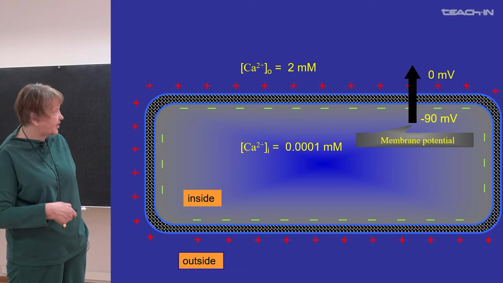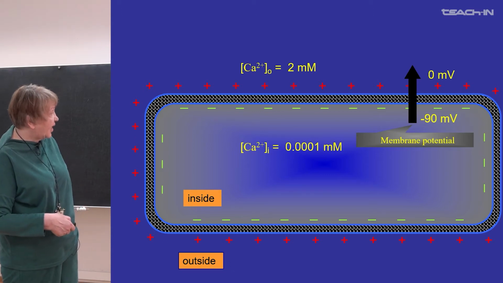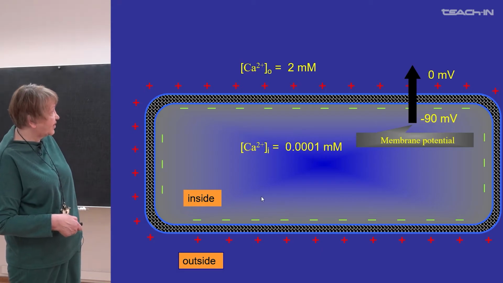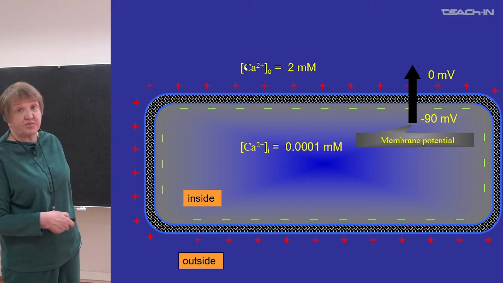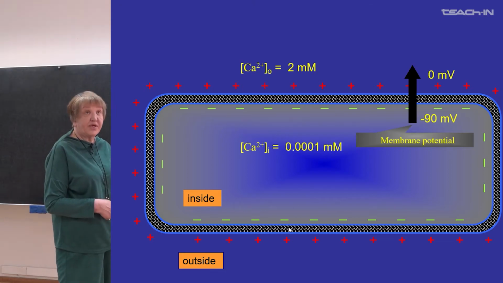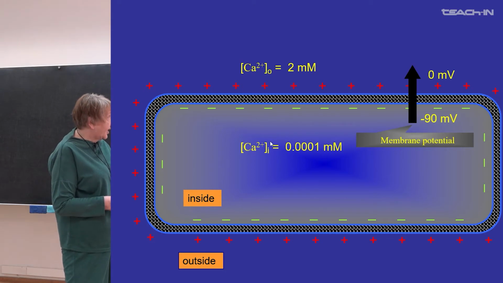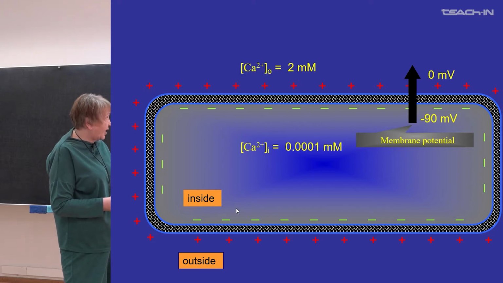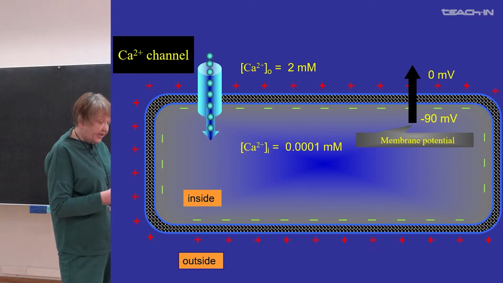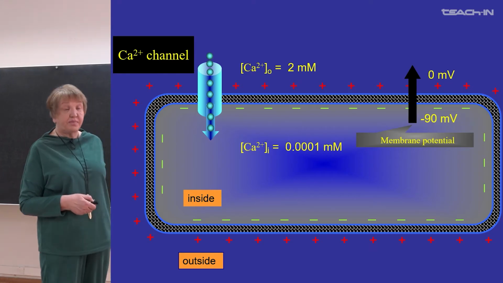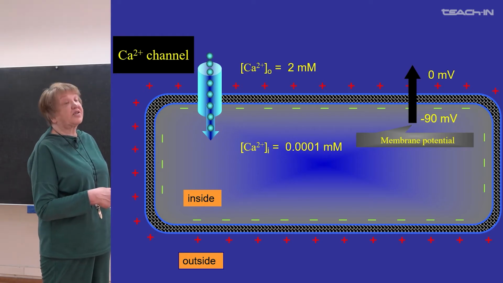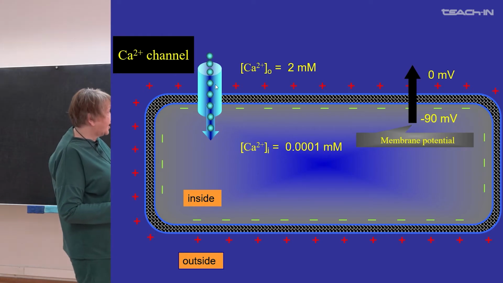So this is the cell, and as I said, the concentration of calcium is very low inside and the concentration of calcium is high outside, and also the membrane is charged negatively. If calcium channels located at the plasma membrane open, the calcium will flood inside the cell.